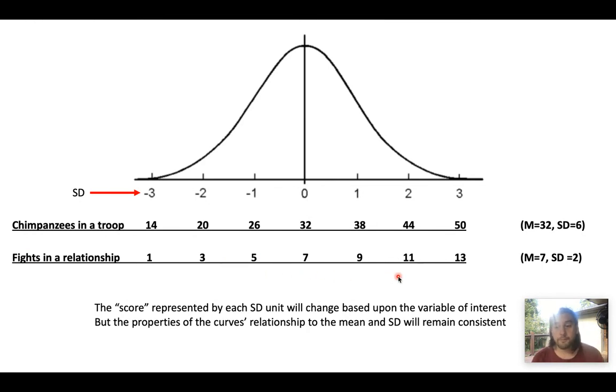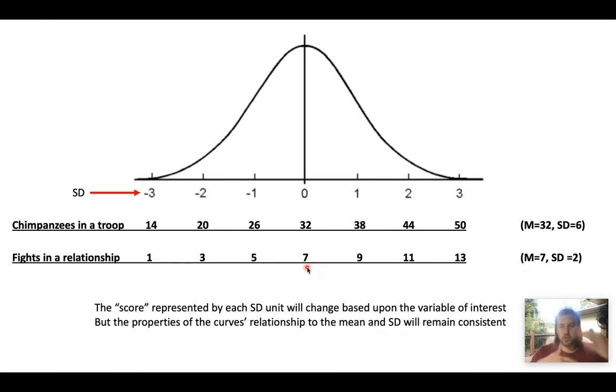So the point here is that this relationship holds even as our variables change and even as our values change, right? The 32 here is the mean for chimpanzee troops, and so it's essentially analogous to our 7 fights in a relationship. The numbers mean very different things. Here, 32 means 32 chimpanzees. Here, 7 means 7 fights in a relationship.